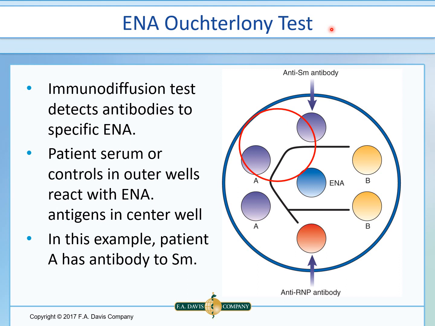So patient A has anti-Sm, because there's identity observed at the wells here. So remember, with this diffusion technique, identity was the smooth curve.